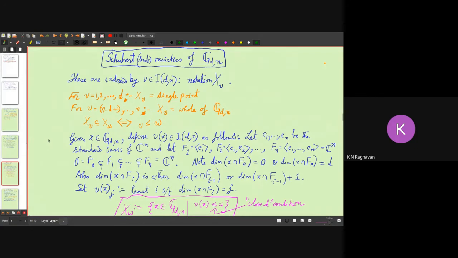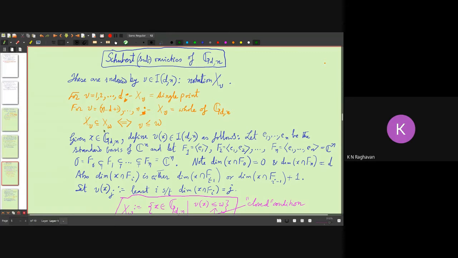Okay, now let's talk about Schubert subvarieties in G_{d,n}. As we observed at the very beginning, these are indexed by elements of this I(d,n), and the notation is X_v. Some notable special cases: if I take the smallest possible v, that is 1 through d, then this Schubert variety is just a single point. And if I take the biggest possible option, namely n to be the last element, then n minus 1 before that and so on, then this Schubert variety is the whole of the Grassmannian.